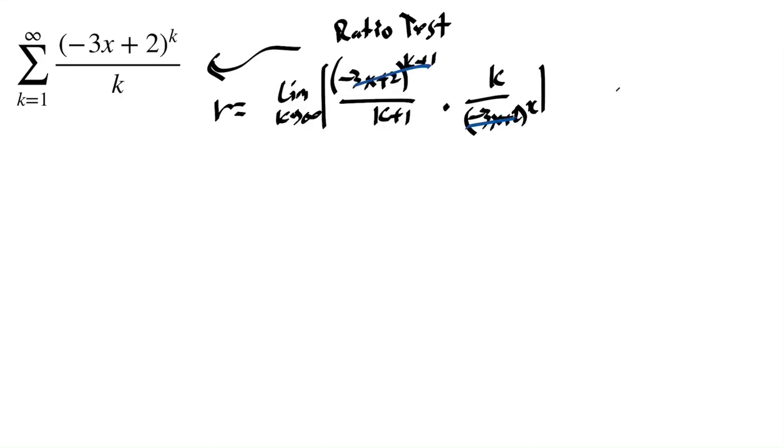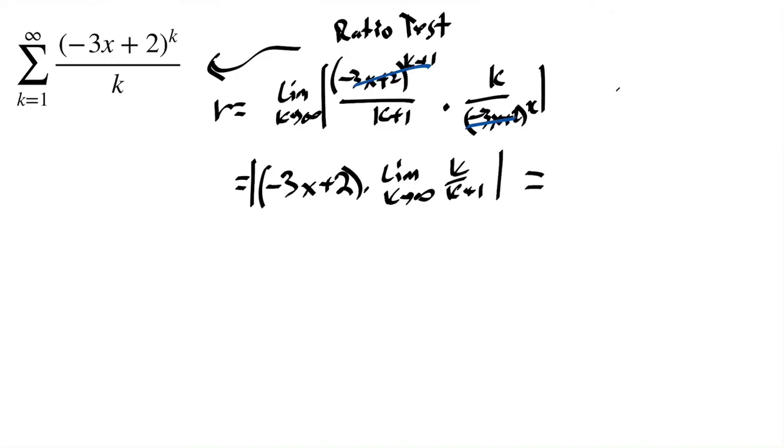But if you notice, I get a lot of cancellation here. Almost all of these cancel. And all I'm left with is the absolute value of negative 3x plus 2, times the limit as k goes to infinity of k over k plus 1. But that's just equal to 1. So all we got was the absolute value of negative 3x plus 2.